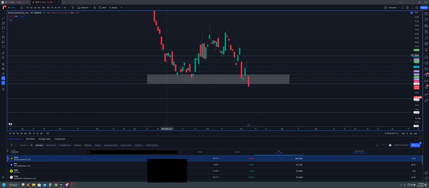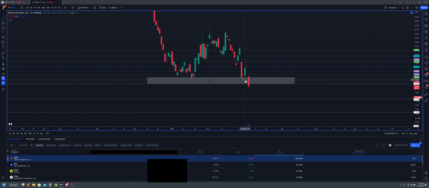It bounced off here, bounced off here, and I don't really know how to teach zones. It's more like I just see it. I could just take a box and wherever it gets the most touches.